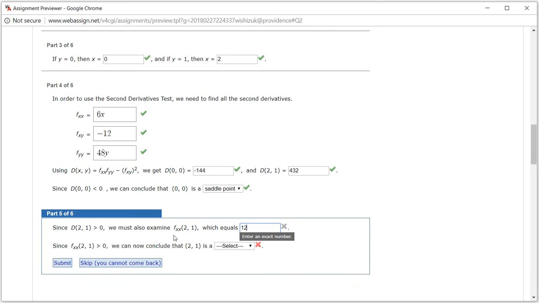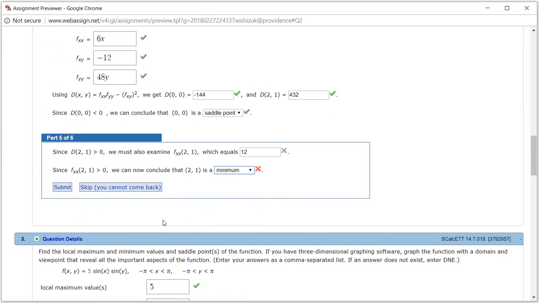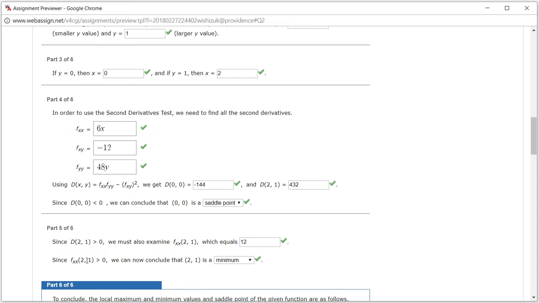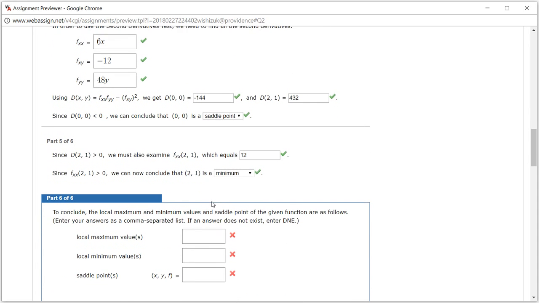Twelve is a positive number, so we know it's a bowl facing upward, right? So we know that (2, 1) is going to be a local minimum. Let's submit. It came back and looks like we got part 5 correctly.